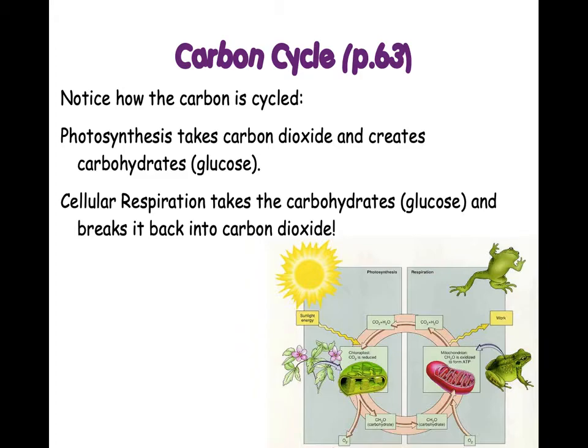Maybe we can think of something more recent. Maybe Justin Bieber breathed out some carbon dioxide, and then a plant nearby took that carbon dioxide and created an apple, and then someone ate that apple. You ate that apple, so you are in essence eating a part of Justin Bieber. How amazing is that? All right, so that's carbon cycle, page 63.